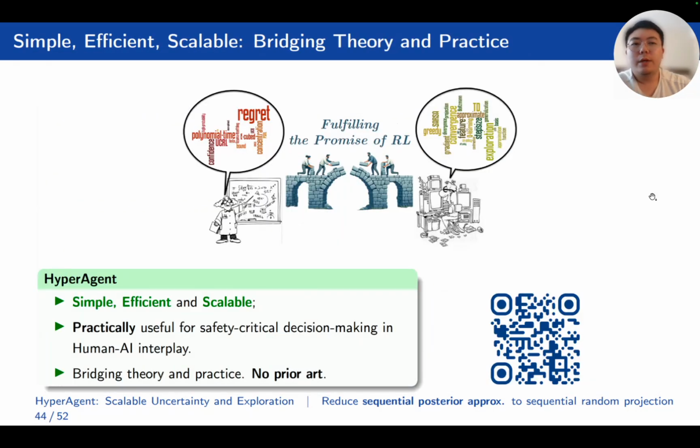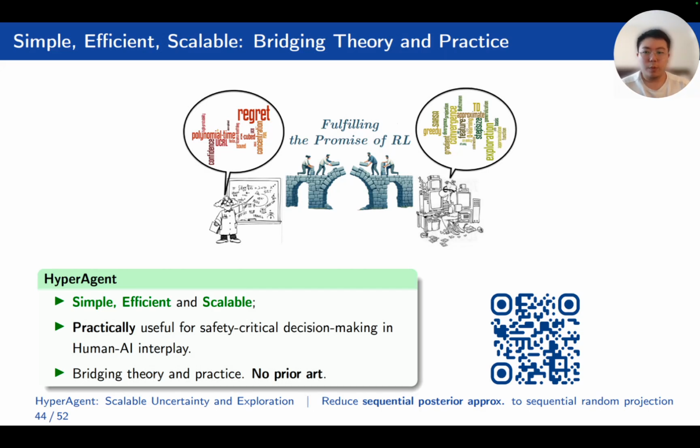And to summarize, we provide a simple, efficient, and scalable reinforcement learning algorithm that depends on fast incremental uncertainty estimation for posteriors.